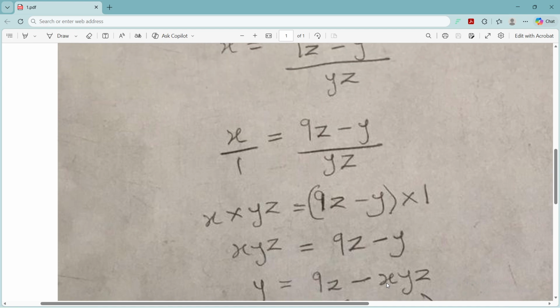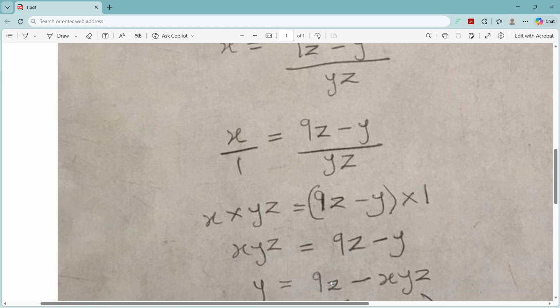So from here, because we want to make z the subject of the relations, we factor out z, right? So we are going to have y equals z. And which number can multiply z for us to get 9z? It is 9. And which number can multiply z for us to get negative xyz? It is negative xy, right?